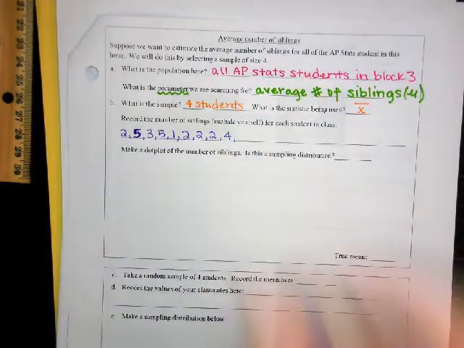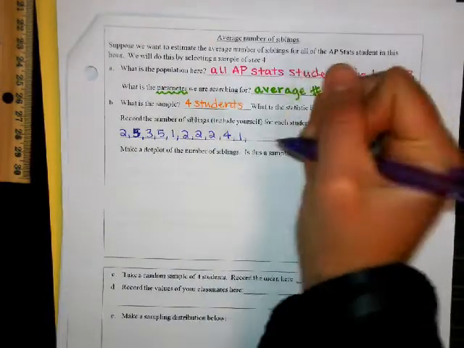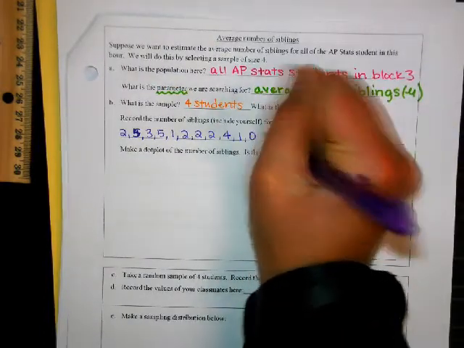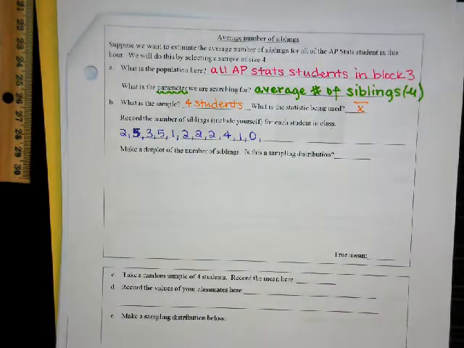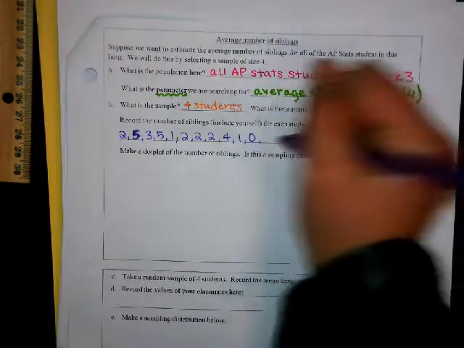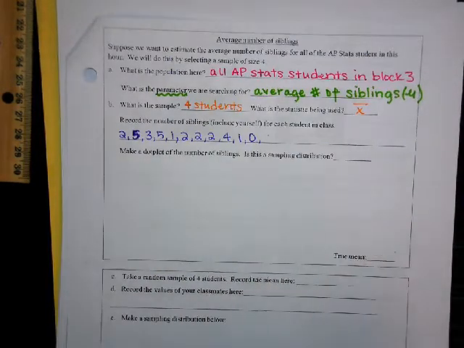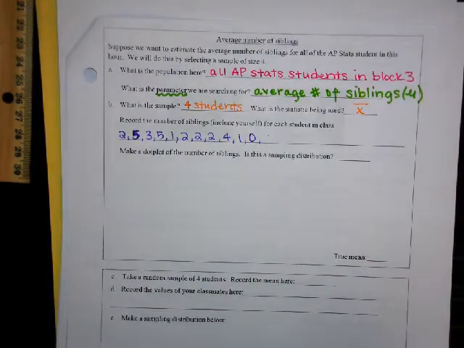Calvin? 8. Whoa. Oh, wait. What? Why did you say 8 then? Are they half siblings and step siblings? You're just messing with me. I learned in Virginia one question.